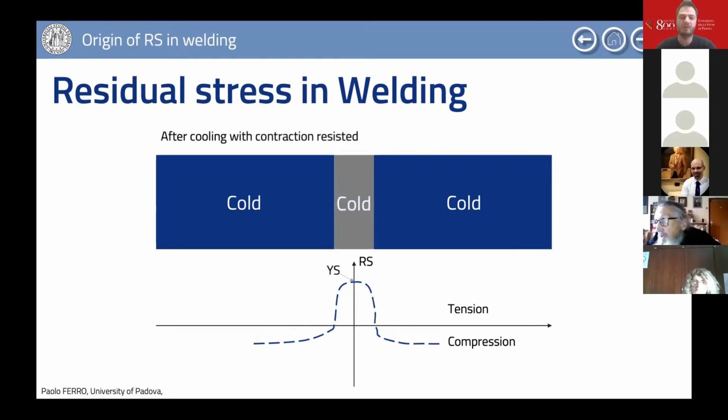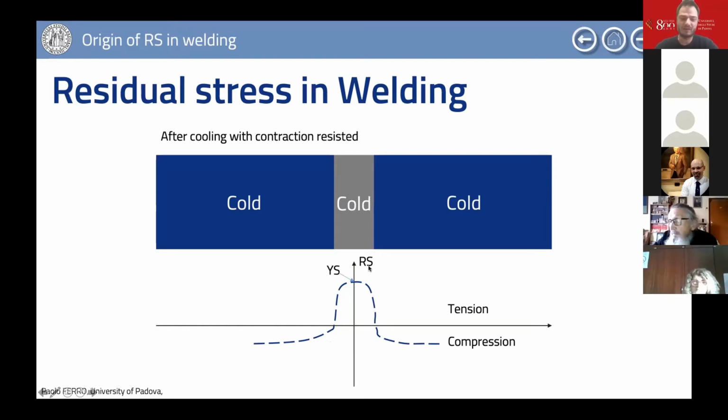On the other hand, because the central part is constrained by the two boundaries of this schematic, if this contraction is not allowed, and we have a variation in the volume because of the thermal contractions of the central part, this induces tensile residual stresses near the weld bead.